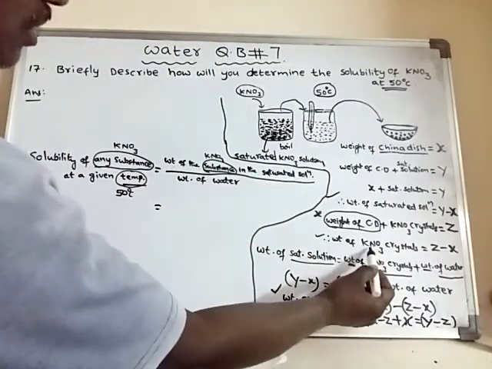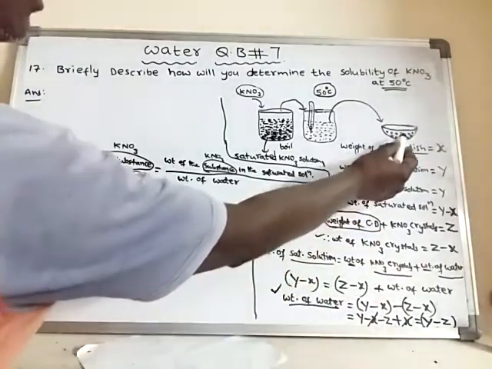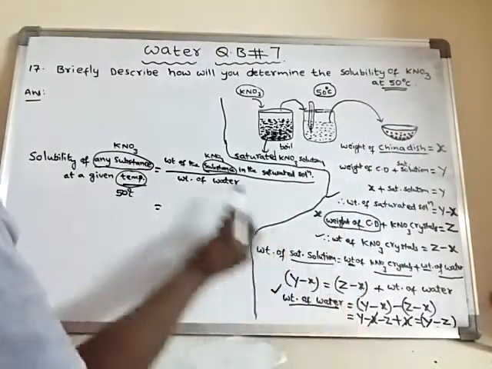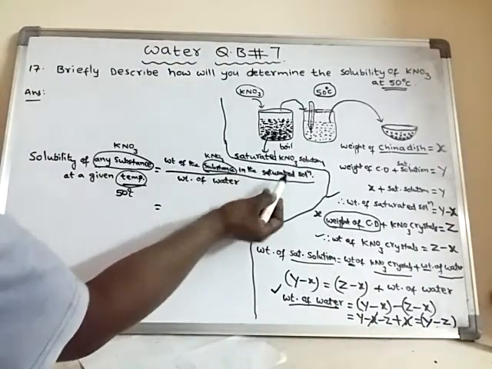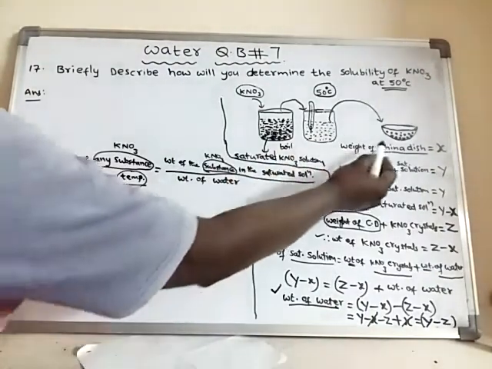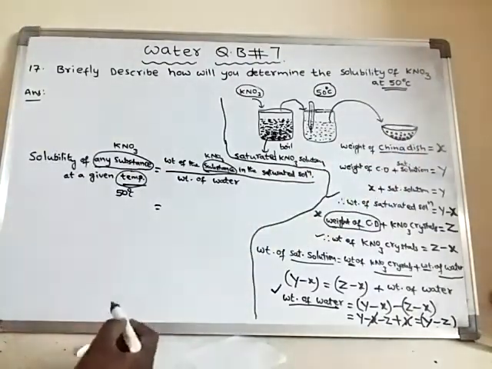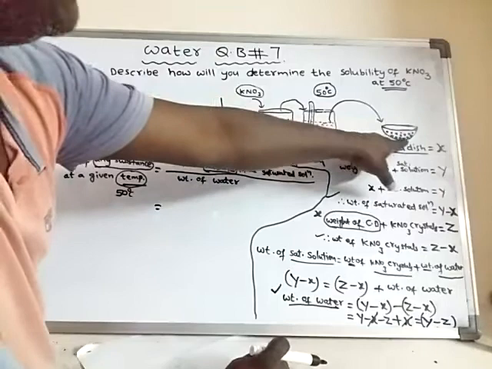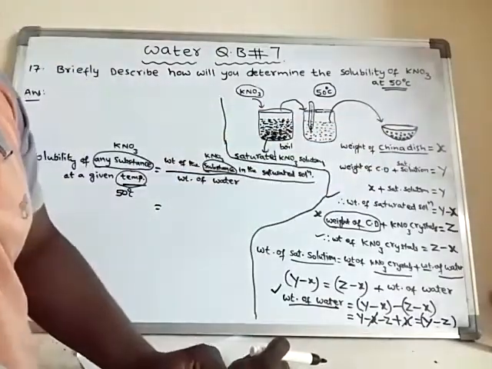Here, what is the weight of potassium nitrate in the saturated solution? How much KNO3 we got after evaporation is nothing but the weight of potassium nitrate in the saturated solution. That much potassium nitrate we will get in the form of dry crystals.